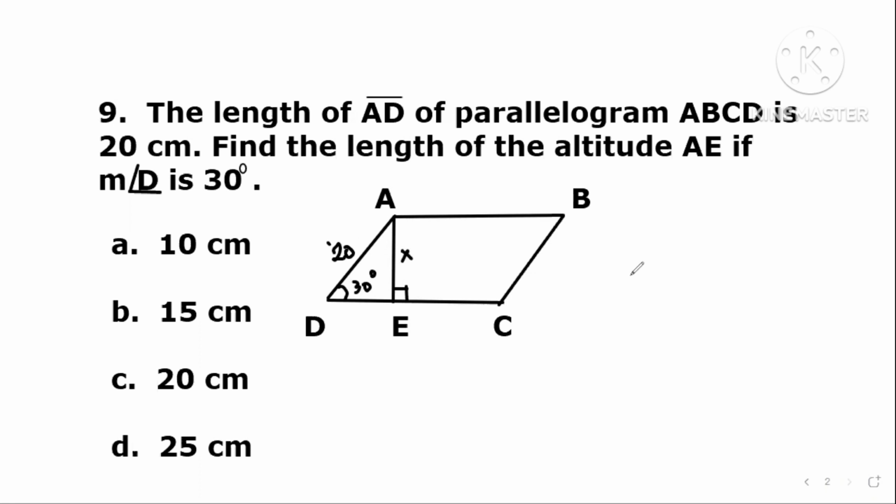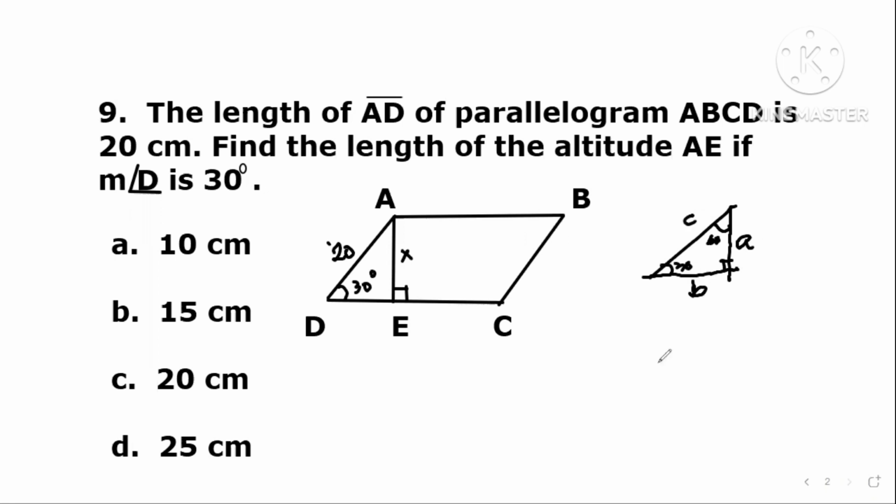Now, to solve problems like this, you should know the concept of special right triangles. What are the special right triangles? Those are the 30-60-90 triangle and the 45-45-90. Now, in a 30-60-90 triangle, supposing this is 30, this is 60, and this is 90, this is the altitude, the base, and the hypotenuse.